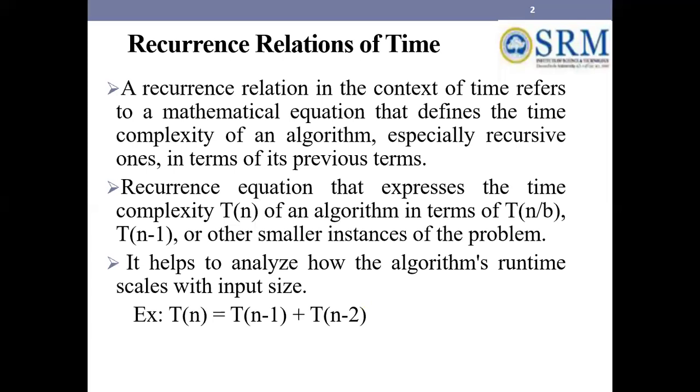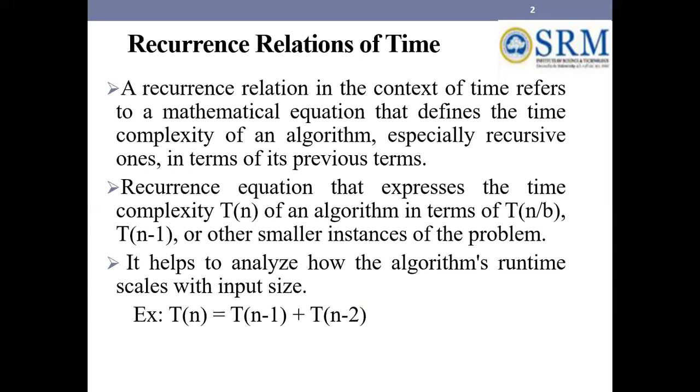A recurrence equation expresses the time complexity T of n in terms of T of n by b or T of n minus 1. It helps to analyze how the algorithm runtime scales with input size. When the input size increases, what will be the change in the execution time, T of n?